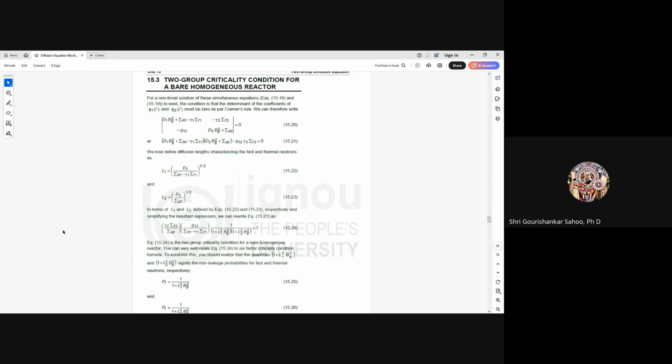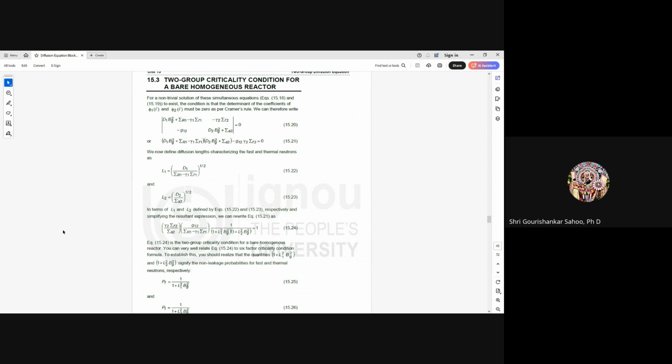In terms of L1 and L2, you can simplify the resultant expression, and you can write gamma 2 sigma f2 by sigma a2, multiplied by sigma 12 by (sigma R1 minus gamma 1 sigma f1), divided by (1 plus L1 square Bg square) multiplied by (1 plus L2 square Bg square), is equal to 1.